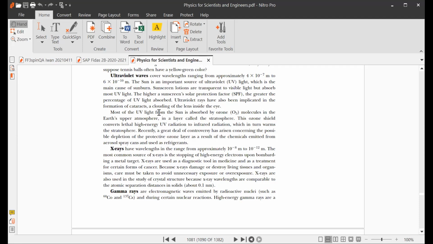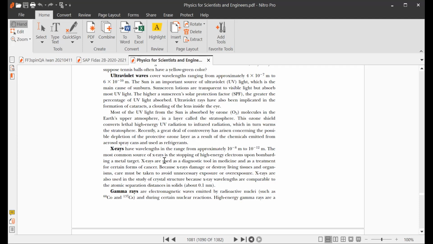So there are more applications in this case. And then X-ray, with a wavelength between 10 to the minus 8 until 10 to the minus 12 meter.